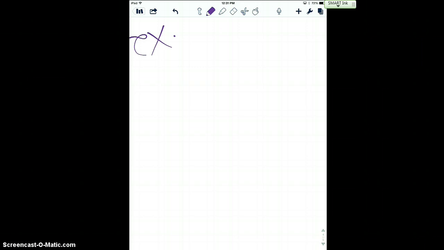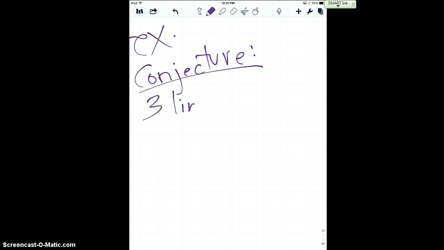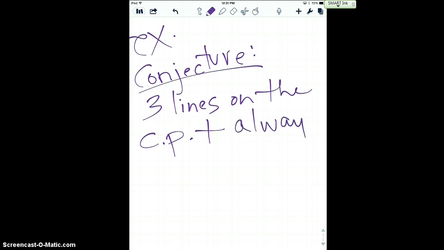Let's say the conjecture is this, and I want you to try and come up with a counterexample. The conjecture is 3 lines on the coordinate plane, and I'm just going to abbreviate it CP, coordinate plane, you know, the X and Y axis, always form a triangle.